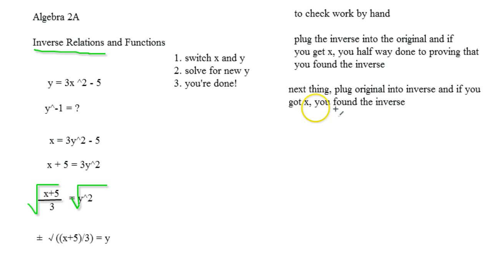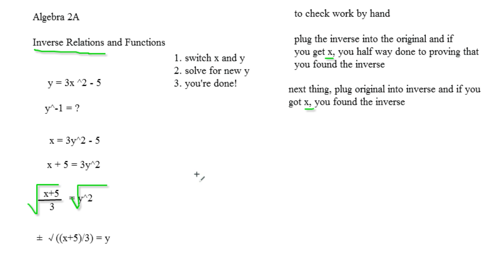Now, what do you mean you got x? Like literally, you got x after simplifying the composition that you just did. So remember, this is compositions. We plug the inverse into the original and then the original into the inverse. If we get x each time after we're done simplifying, we have the inverse.